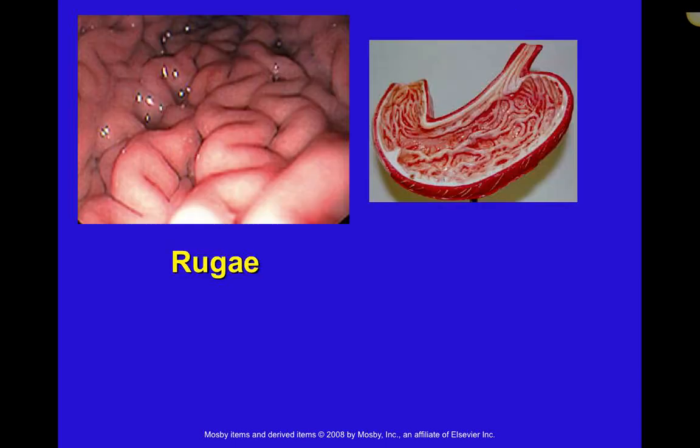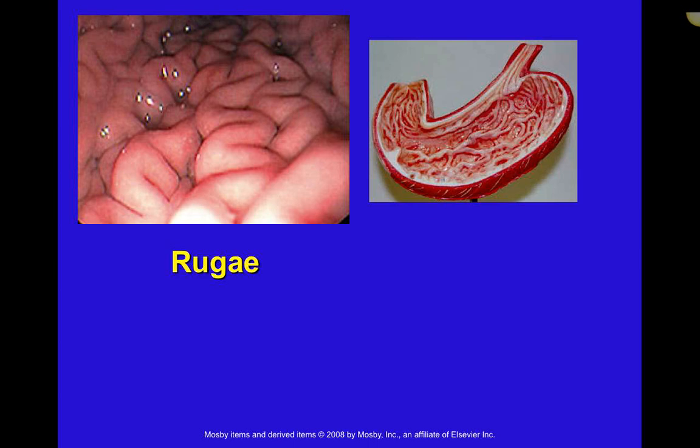The stomach is made up of numerous layers, as we discussed before, but the way these layers are arranged in the stomach, it has generous folds all throughout. So this is an example. Those folds are called rugae. Little folds all throughout the stomach. This is a split cross-section of a stomach to identify the rugae throughout. The purpose of the rugae is to increase surface area so that the animal can take in more food.